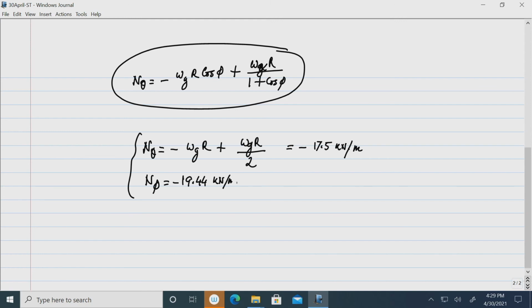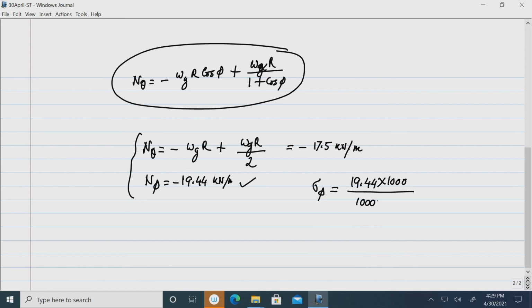Now, maximum stress is this n phi. So, therefore, sigma phi is 19.44 into 1000, that will be in Newton, and then if I divide it by 1000, it will be converted to Newton per millimeter.